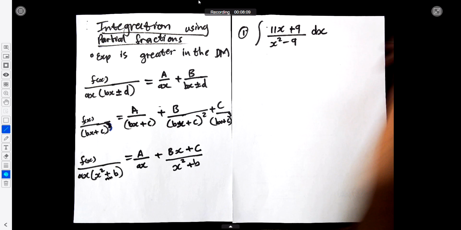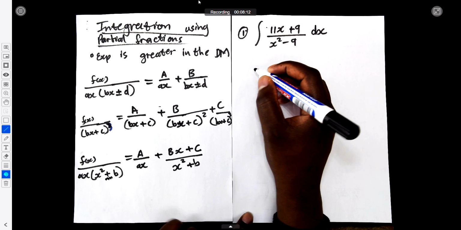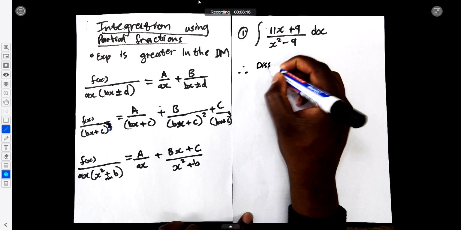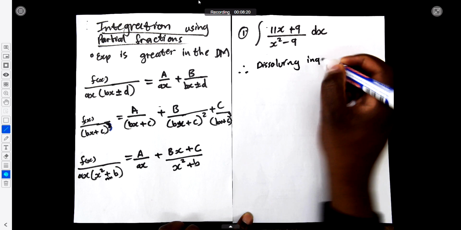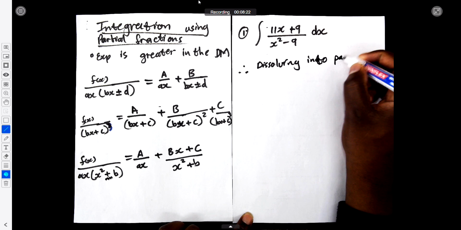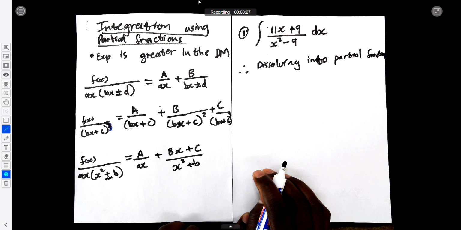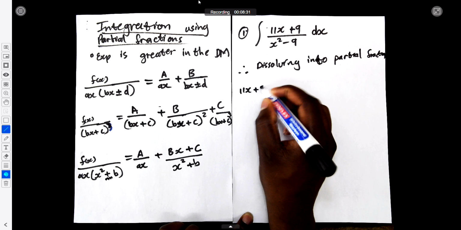But knowing that we have algebraic functions, we can now utilize partial fractions. Therefore, we'll state that we are dissolving into partial fractions. We have 11x + 9.